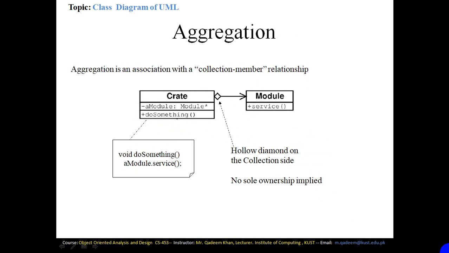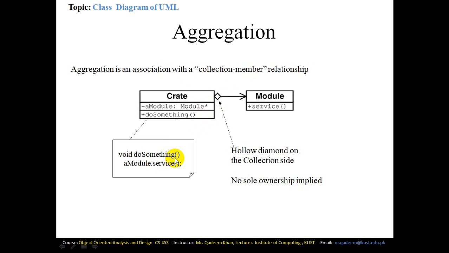Another one is called the aggregation. We have discussed it, but here we are showing it with some code. Aggregation is an association with a collection members relation. This is the aggregate symbol, and it has the collection members association.